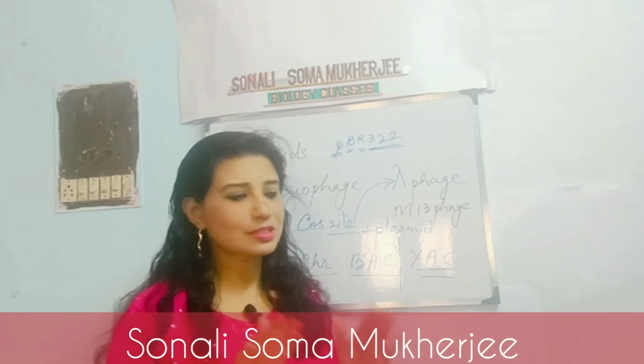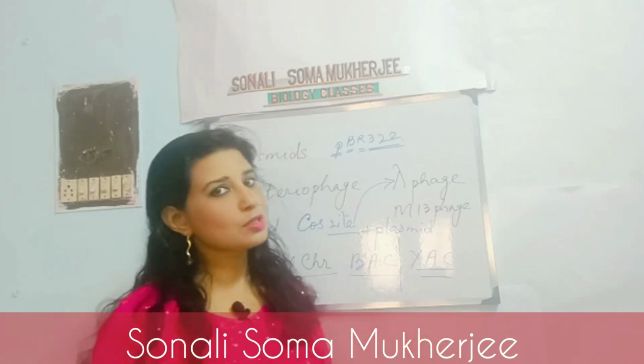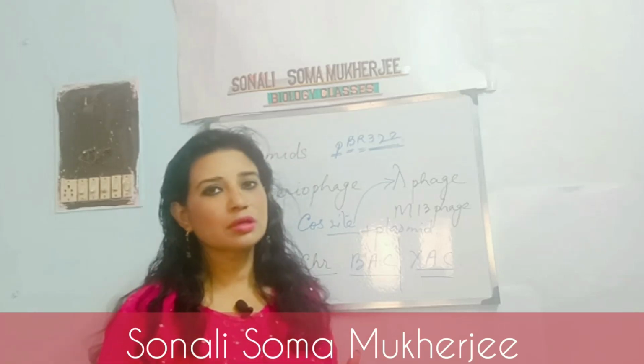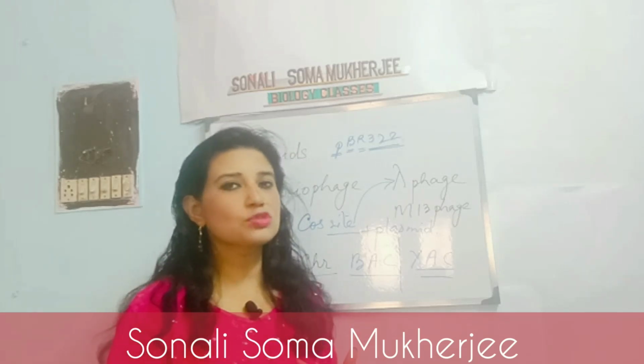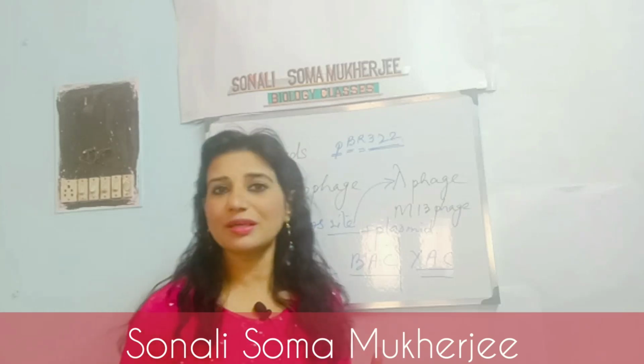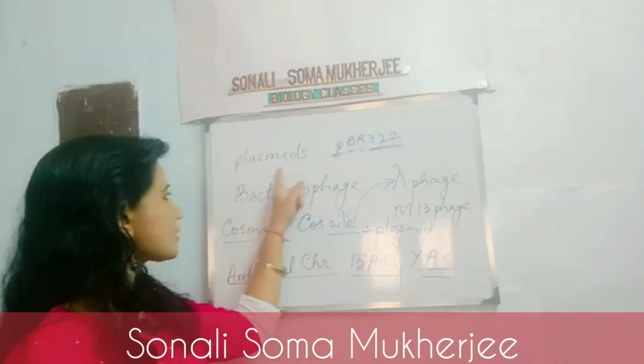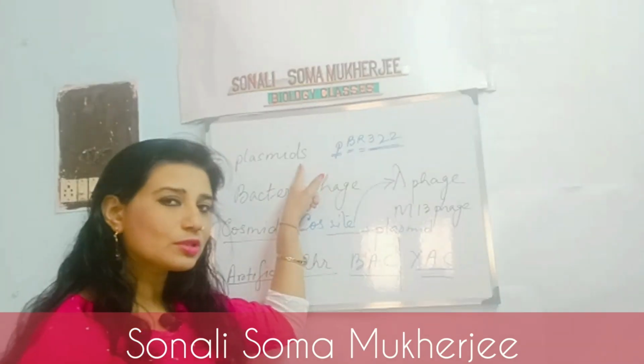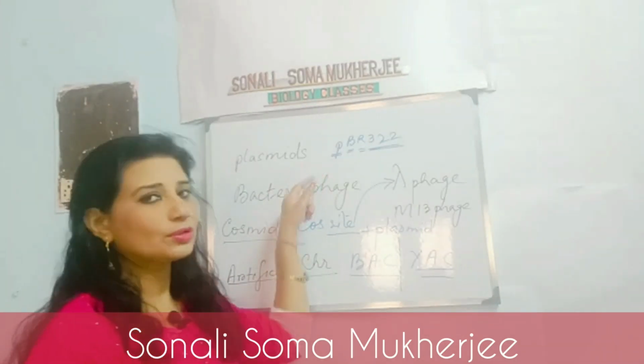So the sequence carried by a plasmid is not a large one. Suppose the DNA fragment it has to carry is larger, then the plasmid is not going to be a choice. So plasmids are extrachromosomal, circular structures, but have shorter nucleotide sequences.